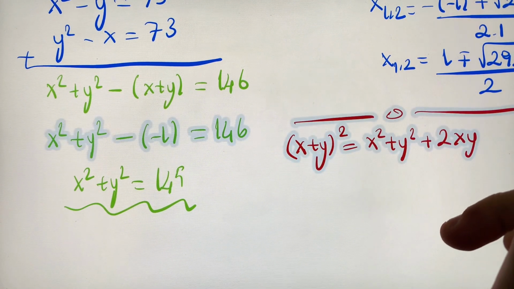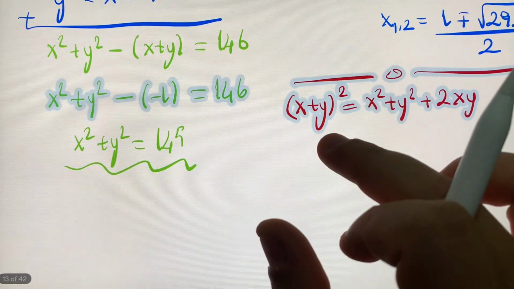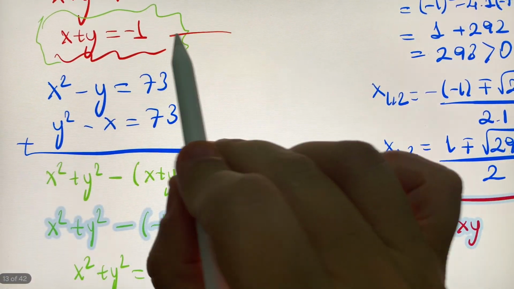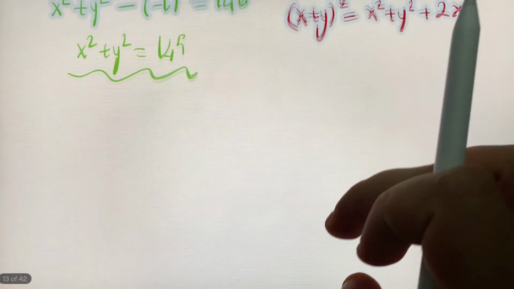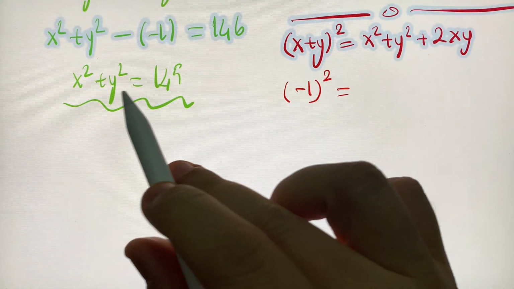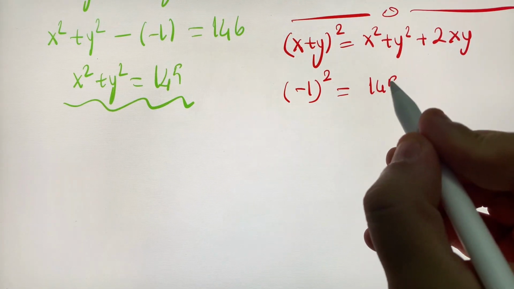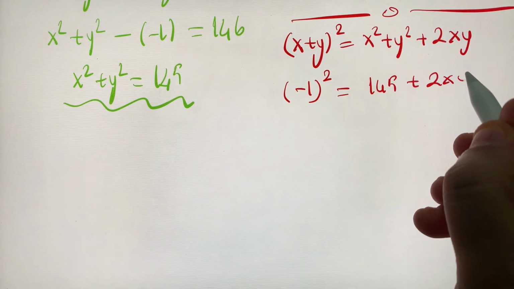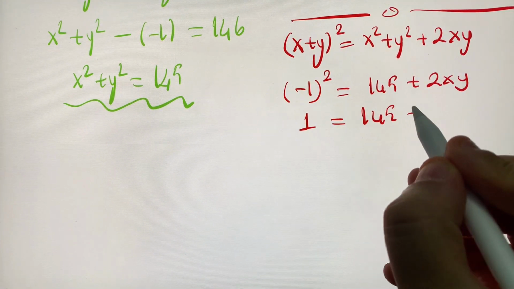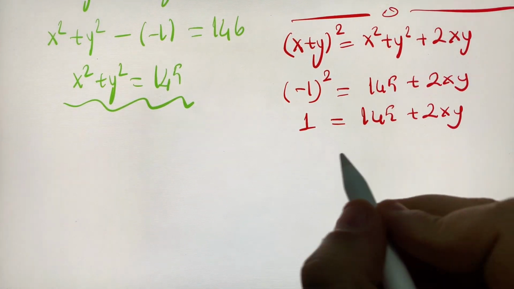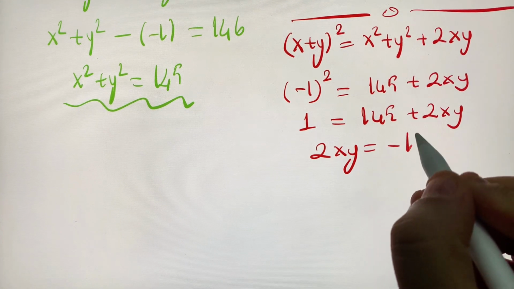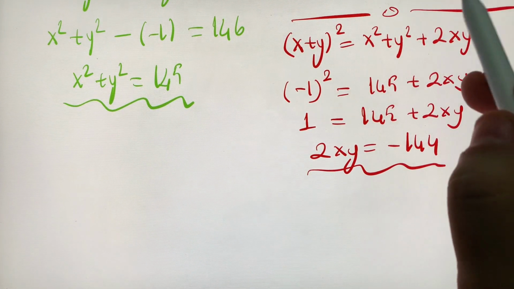We know x plus y is minus 1, so minus 1 squared is equal to 145 plus 2xy. So 1 equals 145 plus 2xy, and we found that 2xy is equal to minus 144.